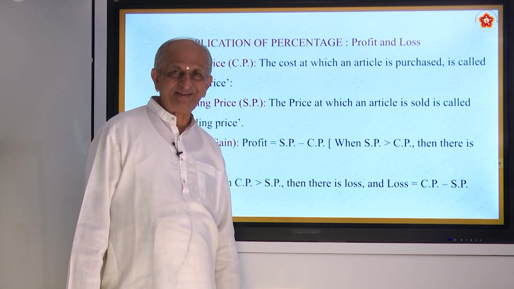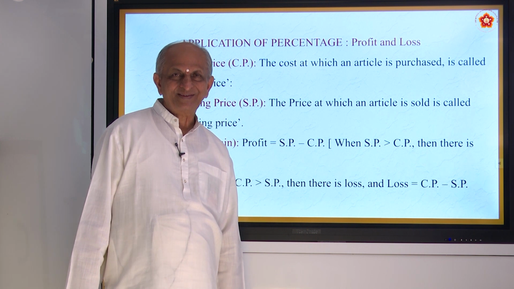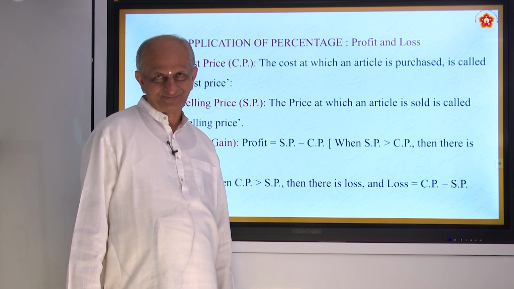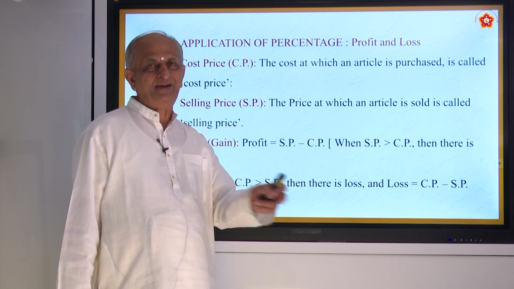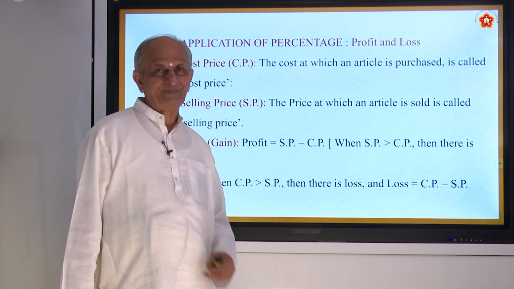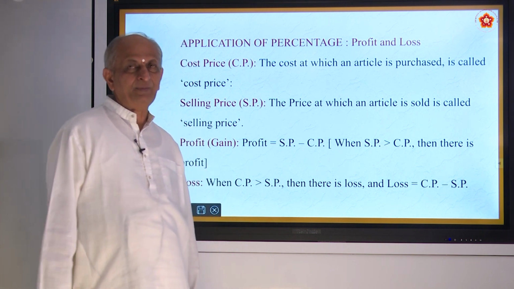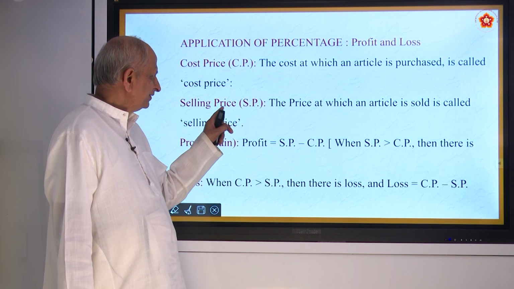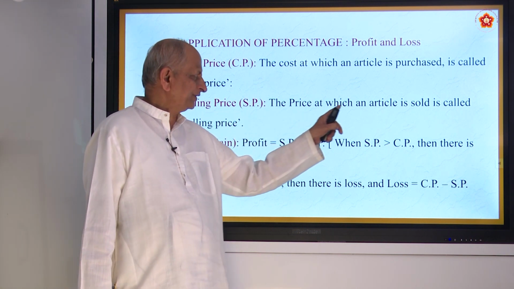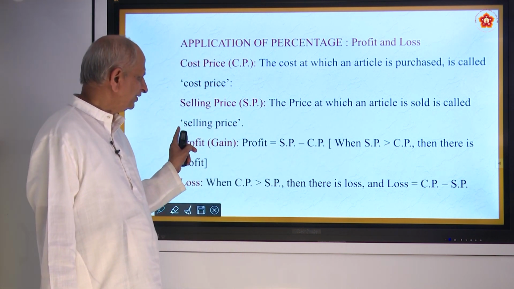Why must you increase? Just to get a profit. Or there will be some other expenses, say traveling expenses, luggage expenses, something will be spoilt also. So you have to add something more, na? That is called selling price. The price at which an article is sold is called selling price.